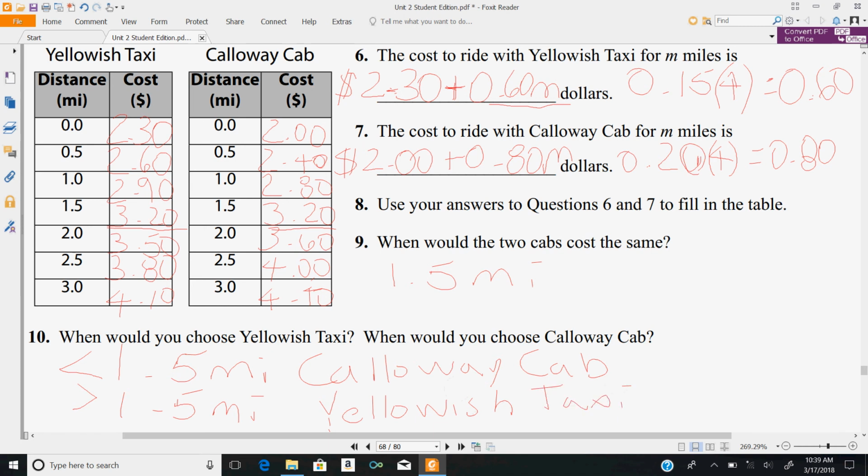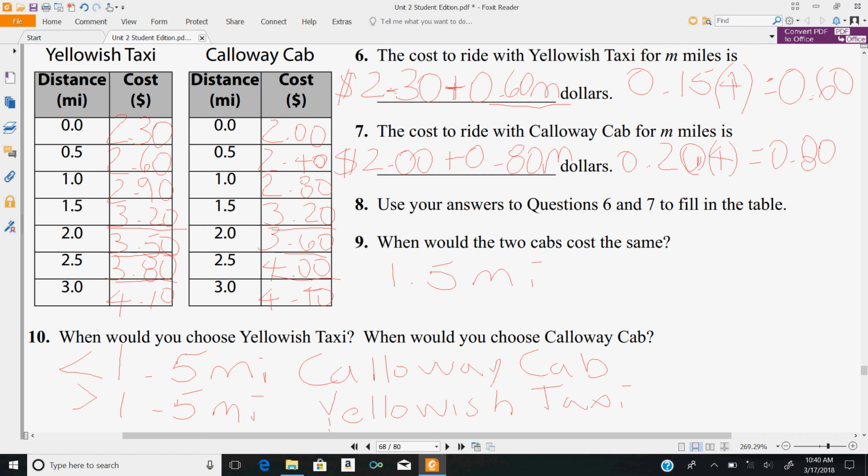Okay, and there again, we can see that in the table just by looking at the numbers. If we go greater than 1.5 miles, we see that 3.50 is less than 3.60, 3.80 is less than $4. Greater than 1.5 miles, Yellowish Taxi costs less.